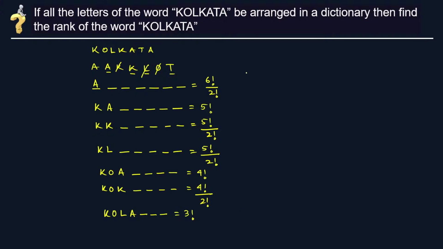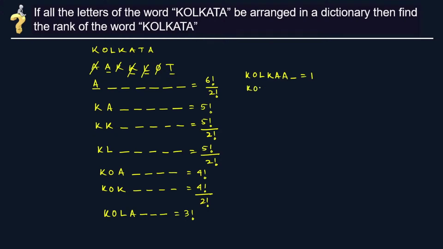After A, alphabetically it will start with K. The moment K comes, stop it. Then alphabetically it will start with A. After A, we are getting K-O-L-K-A, but alphabetically again it will start with A, and we are left with 1 place which can be filled in 1 way.